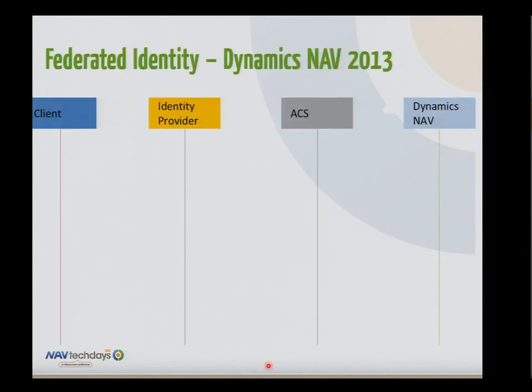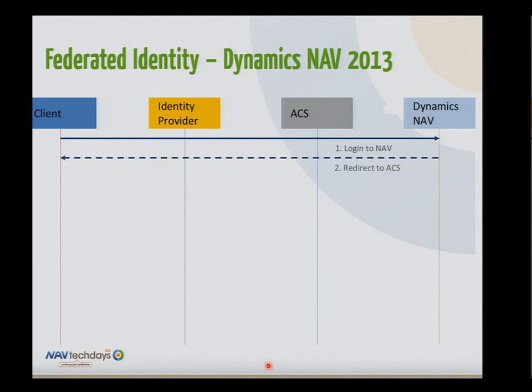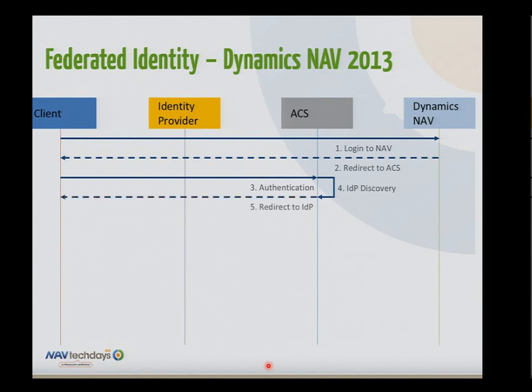And you can see it here. We have the client that talks to Dynamics NAV, and it says, oh, you need to log in, so you are redirected to ACS. It's the configuration. We need to authenticate against ACS. Oh, but we need to pick an identity provider.